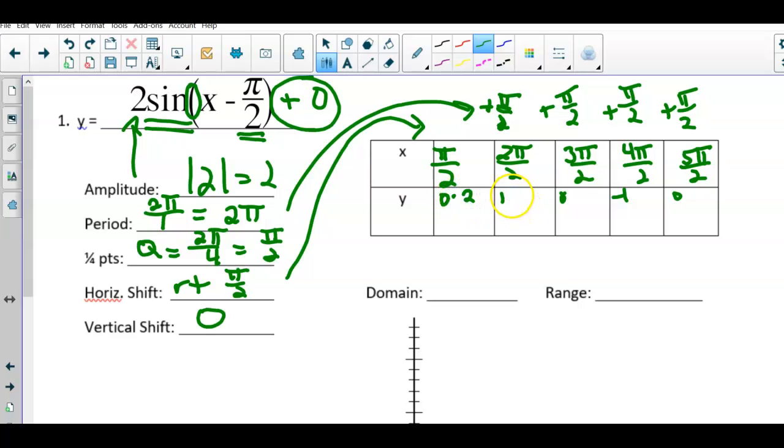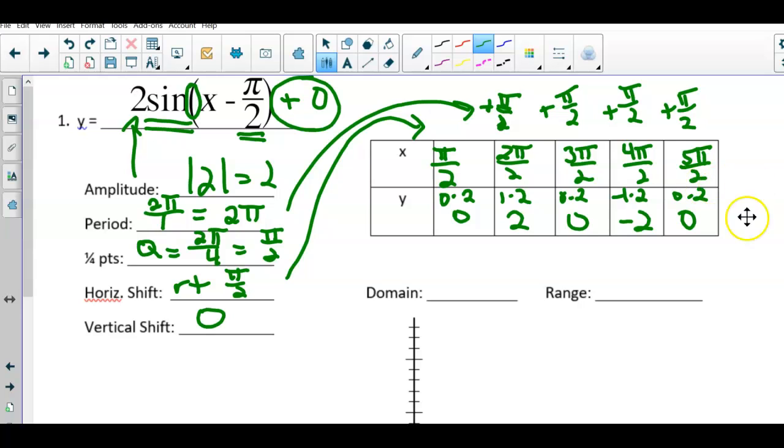So I'll do 0 times 2, 1 times 2, 0 times 2, -1 times 2, 0 times 2. Zero times 2 is 0. 1 times 2 is 2. 0 times 2 is 0. -1 times 2 is -2. 0 times 2 is 0.